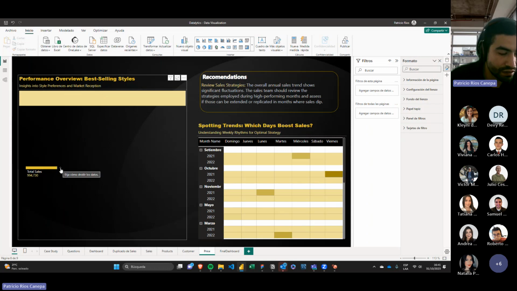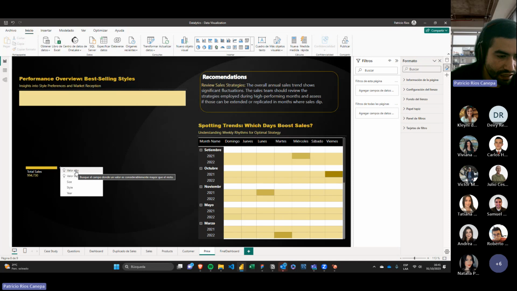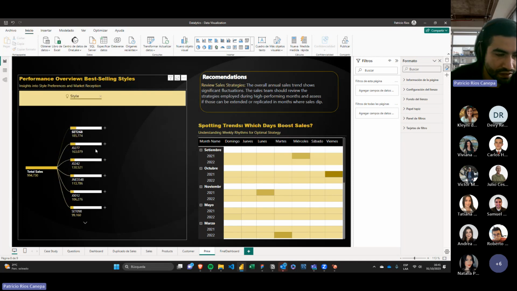if we start to deep dive into our total sales, we can ask to see how it is composed by the highest value. Okay, so it would tell me that the style with the biggest gross sale is a set 268, followed by these other types of styles.